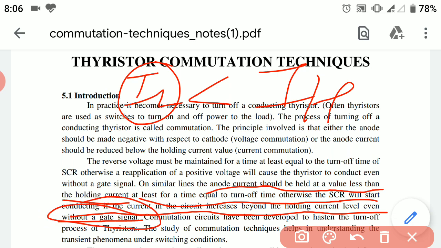So we have to consider this point also: the reverse bias or minimum current maintenance should be maintained for at least a time equal to the turn off time of the thyristor.